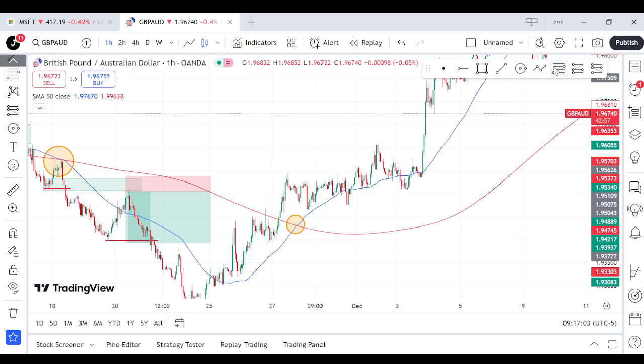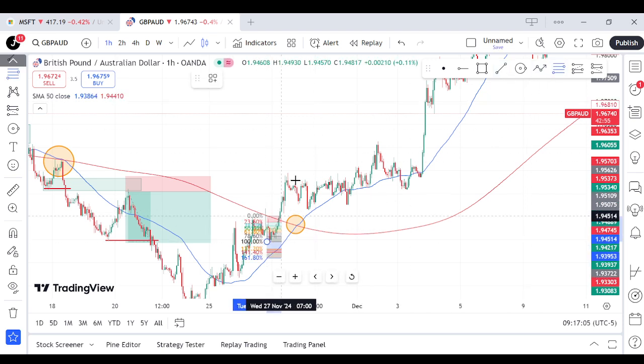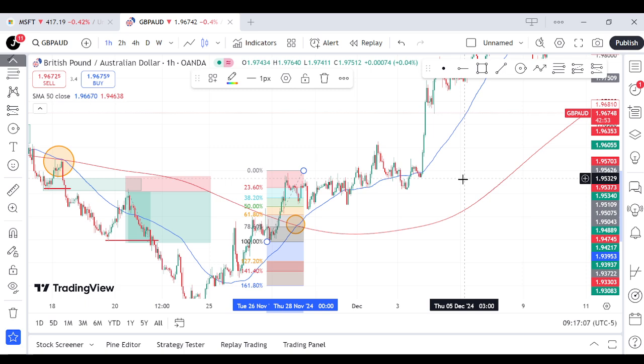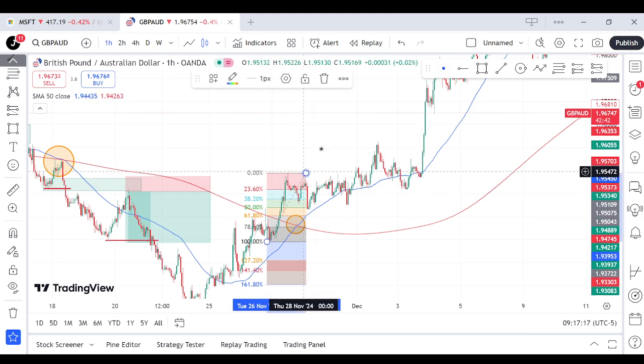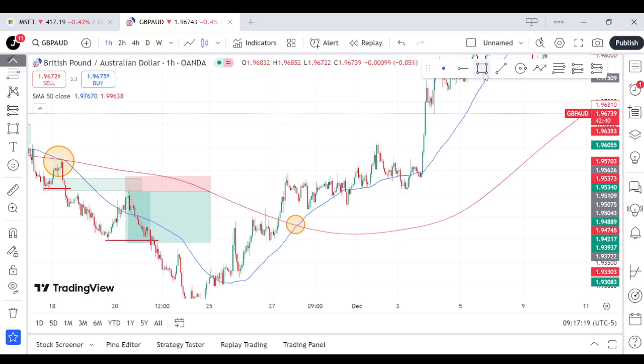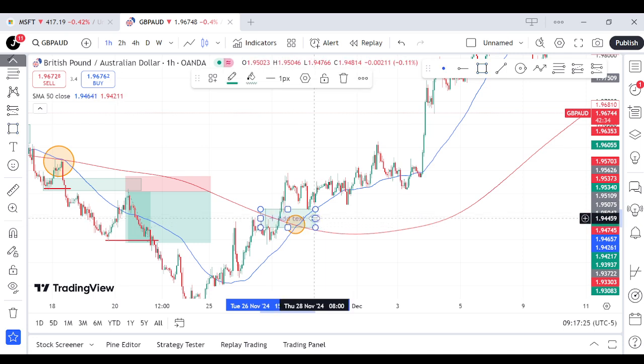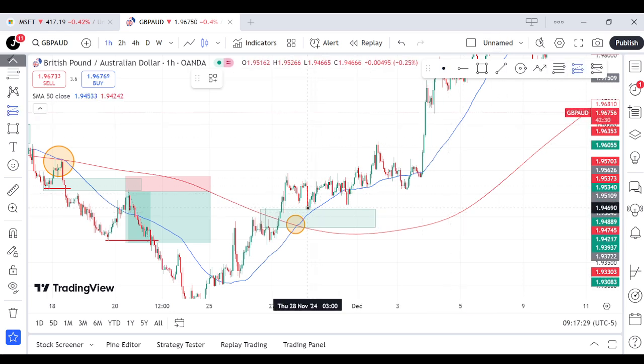And for this one, we just use the Fibonacci to spot key levels, and we have price reacting off of the 50%. And also, if I'm to use major key levels, major resistance and support levels, you can see this wick right there, and you see price reacting off of that wick to give us a buy entry right here.